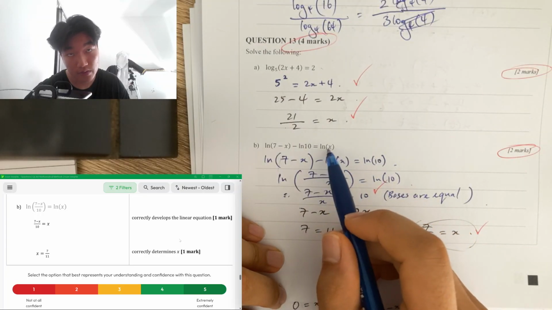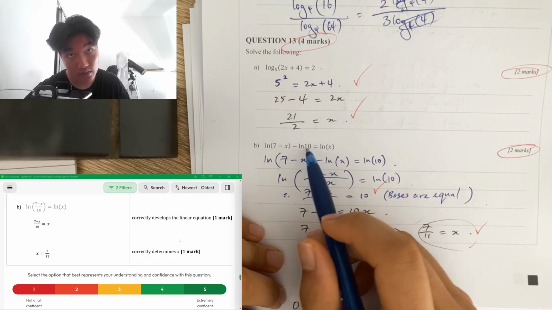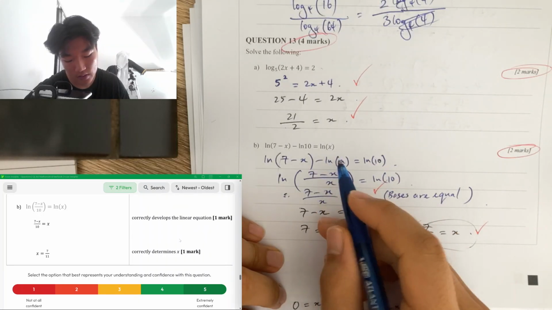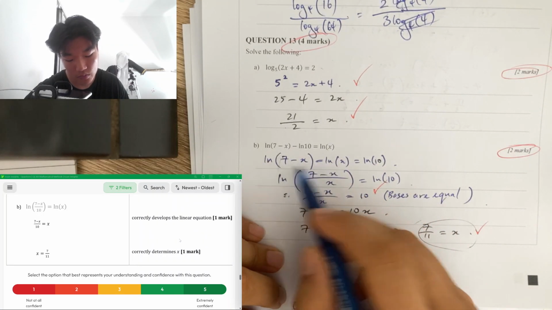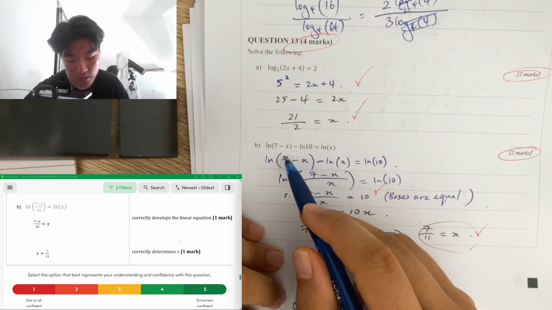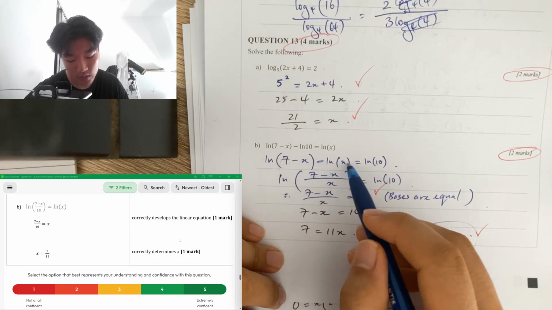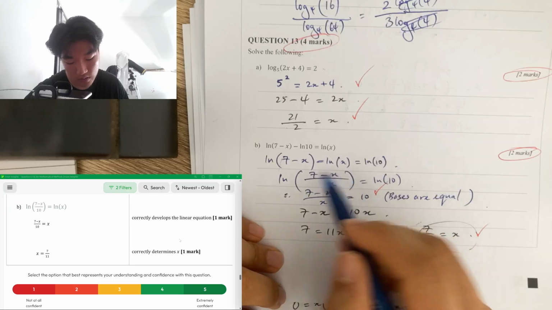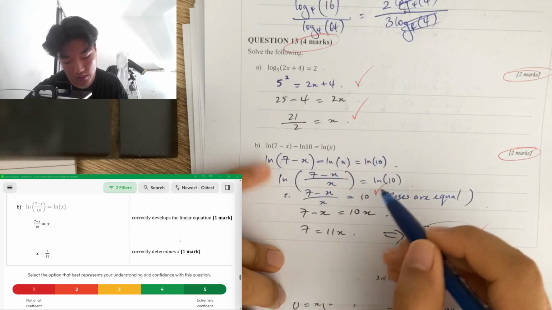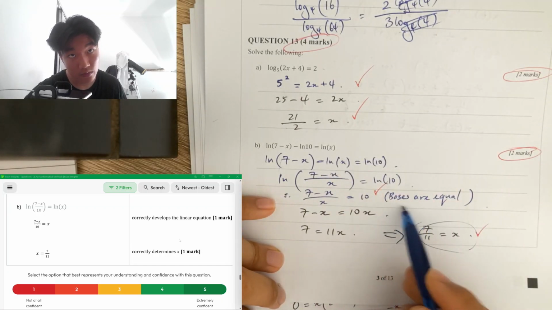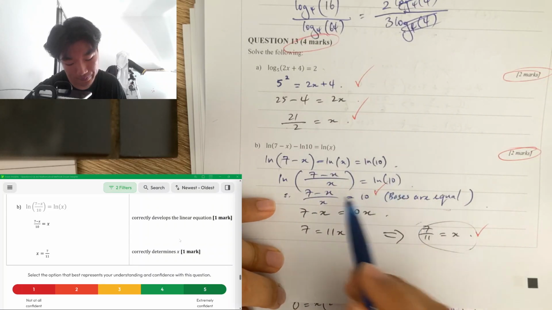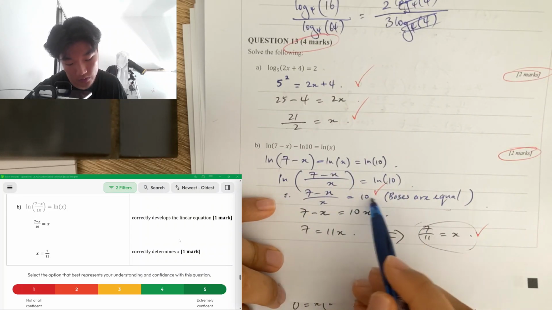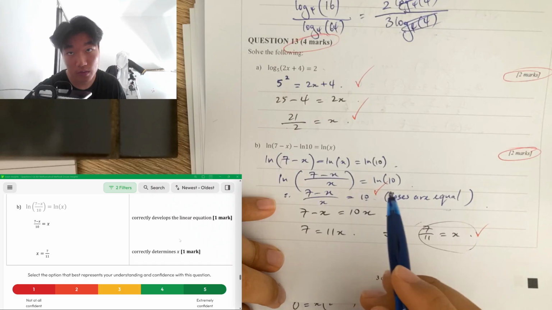So I minus this both sides, and then I added this both sides. And then I used the log law, where since we're subtracting with logs of the same base, we get this brackets, and then we divide it by what's in this brackets and combine it. Since they have the same base, I've given the reason, bases are equal, we can equate what's inside the brackets. Yep, so that's 1 mark, right?